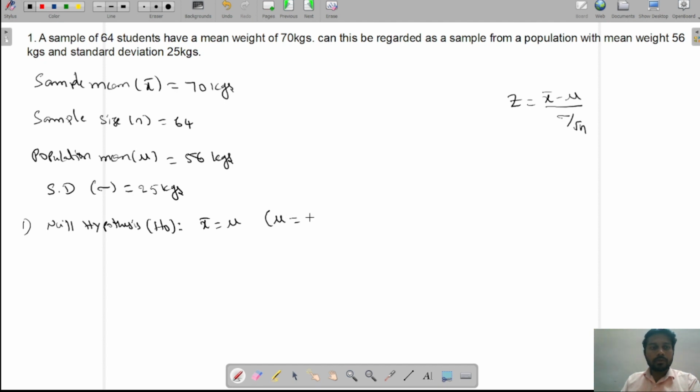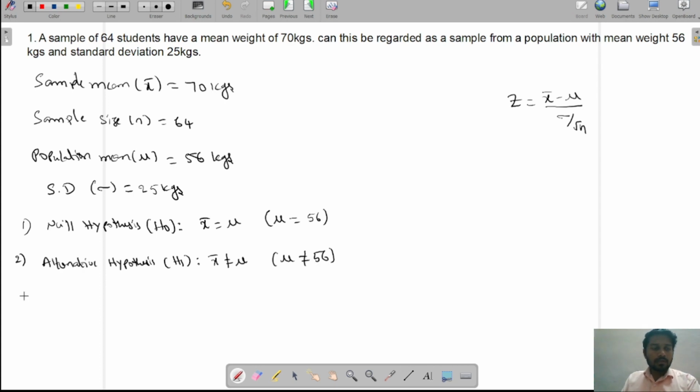So nu equal to here how much we are having? 56, right? And now number 2, alternative hypothesis. It will be denoted by H1, and here working rule is saying that x bar not equal to nu. So can I say nu not equal to 56?